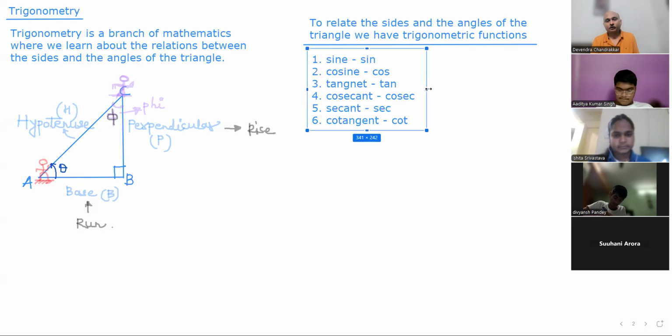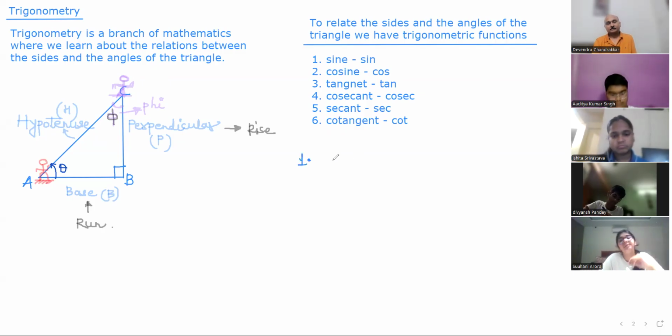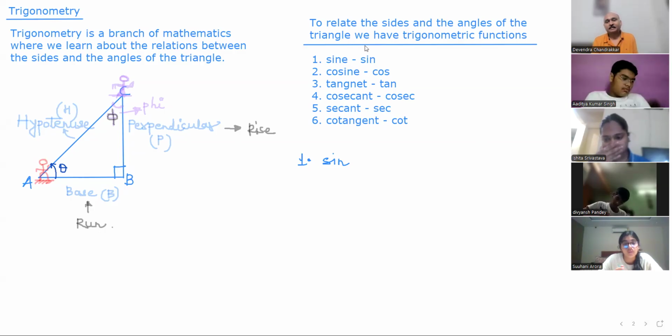Now the question arises, how do these functions relate? What is the relation which this shows? The first one is sine. An input of angle should always be given to this function, so sine of theta.